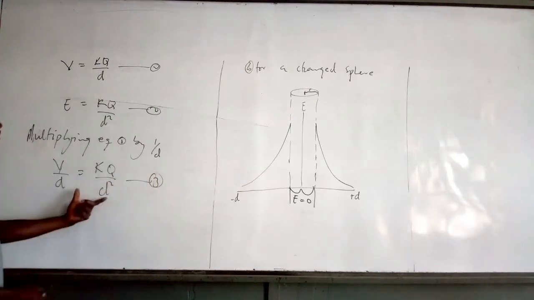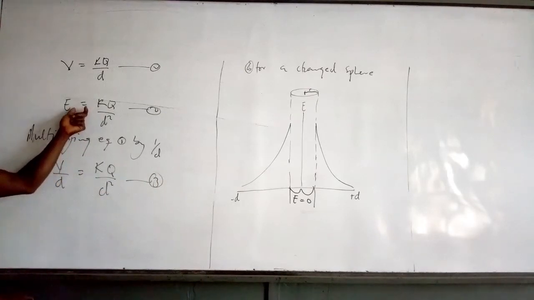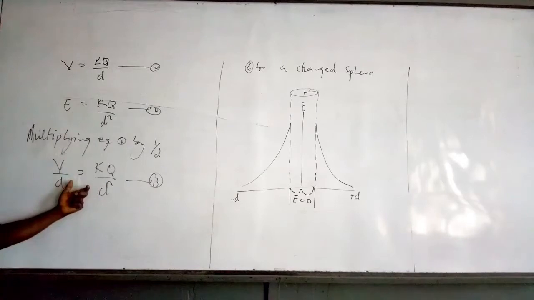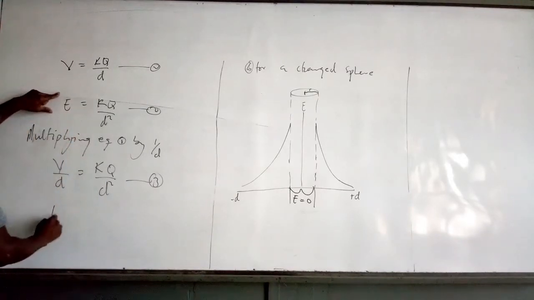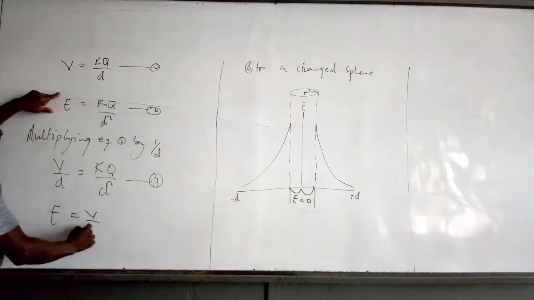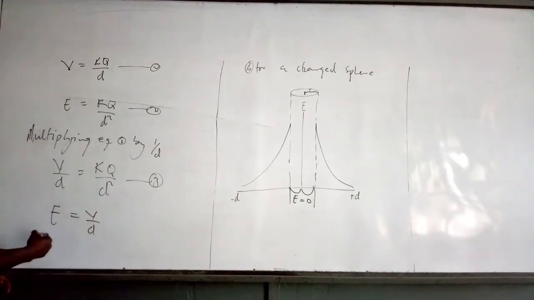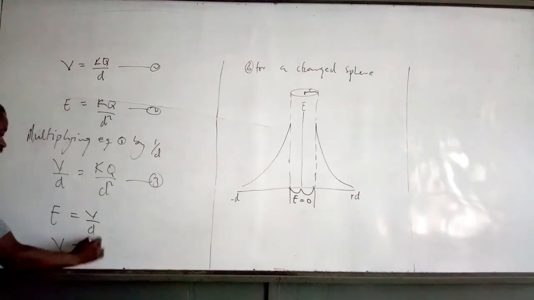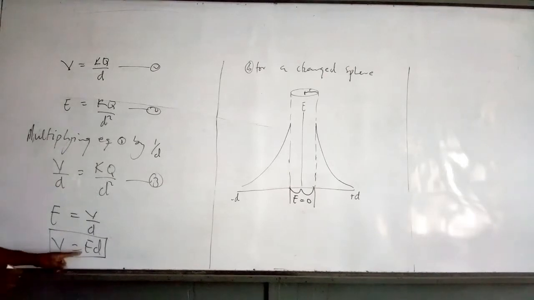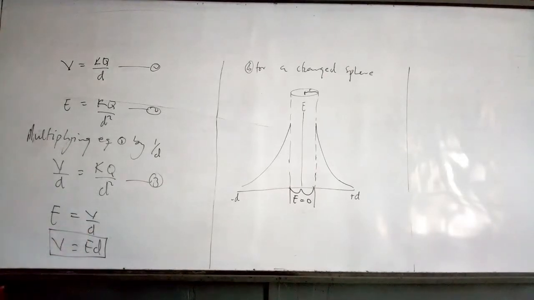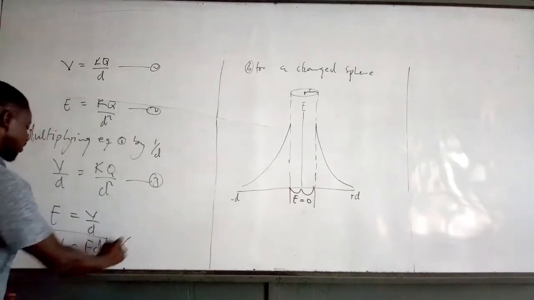Equation 3. Now when we compare equation 3 with equation 2, we can see that the electric field intensity E is equal to V over D, which is easier kept in our head as V is equal to ED. I find it easy to keep it in my head like this. You understand that? So we say that V is equal to ED.